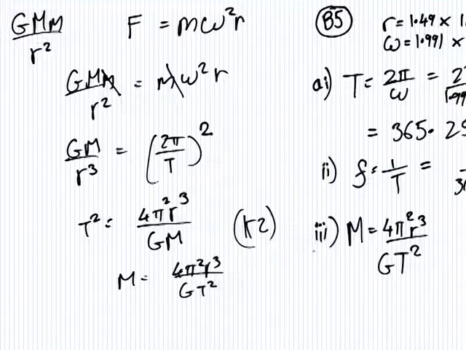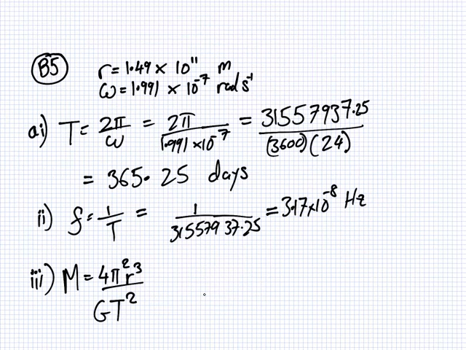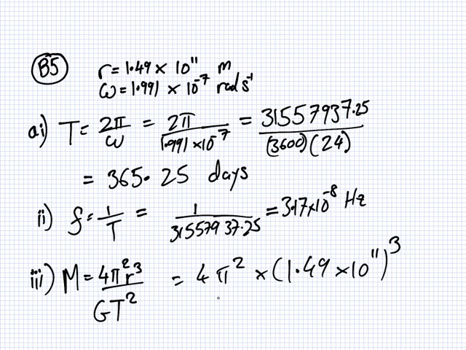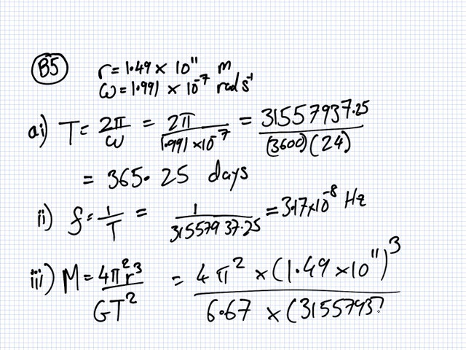So if I go back to the question now, that would be 4 pi squared times 1.49 times 10 to the 11 cubed over 6.67 times 3155793.25 squared. Did I make a mistake here?